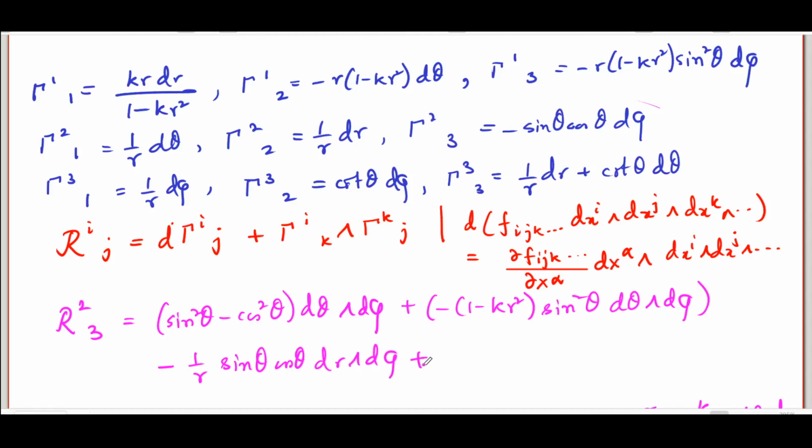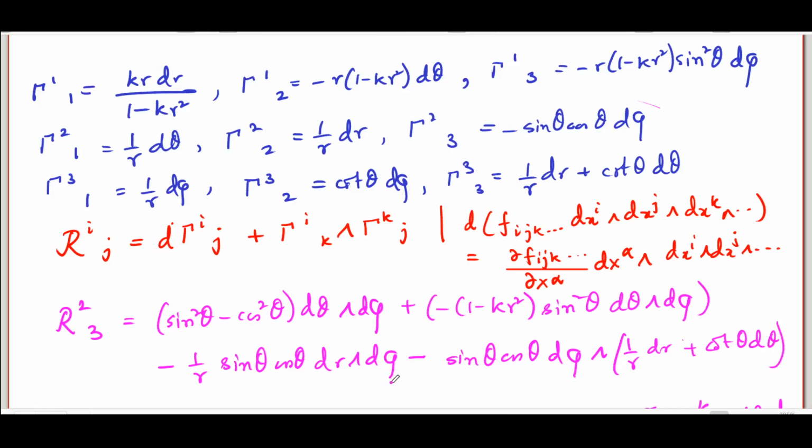Finally, you have gamma 23 wedge gamma 33. So minus, again a minus, sine theta cosine theta d phi wedged with 1 by r dr plus cot theta d theta.